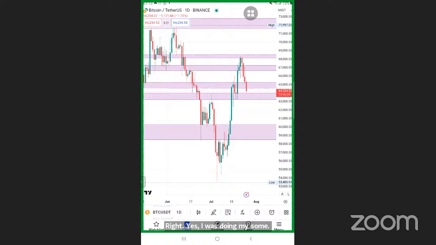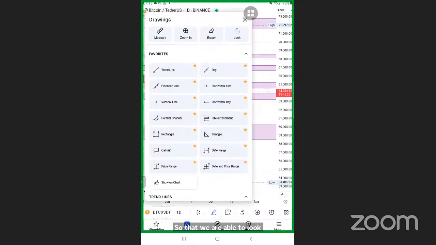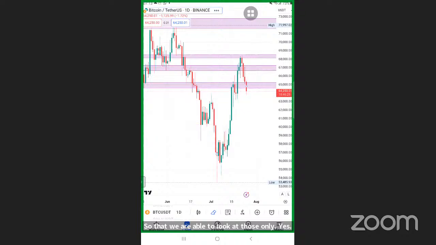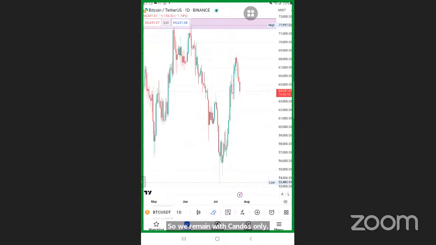Let me remove these things so that we are able to look at candles only. So we remain with candles only.